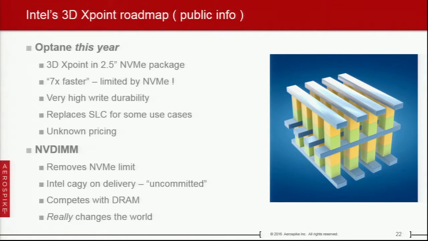Now, the way I think about it is the first essence of storage class memory, what we're going to see this year, according to Intel's public statements, is we're going to see this Xpoint stuff in the NVMe package. So it's going to look like a fast drive. Now, you know my predilection.